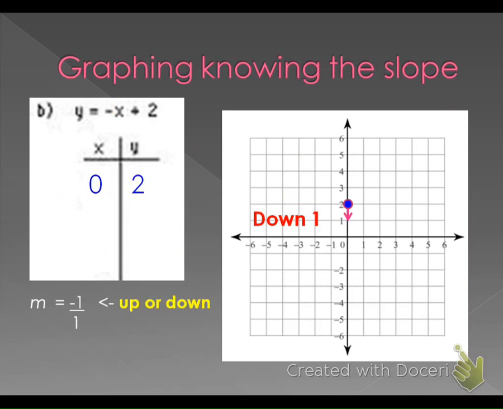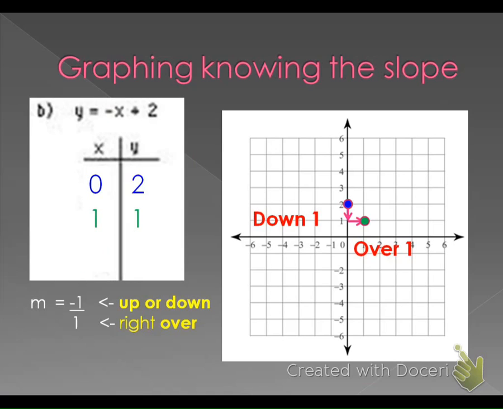So starting from your y-intercept, I plotted the point 0, 2 there on the graph. That's your y-intercept. To find the next point on the graph, notice that our slope is -1 over 1. Because the top number is negative, that tells me I need to move down. Down 1, and then over to the right 1 to find the next point on my graph.